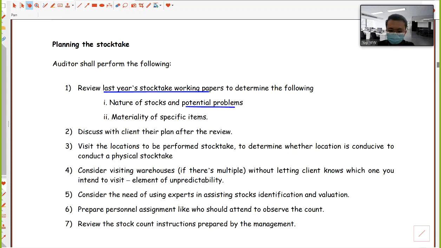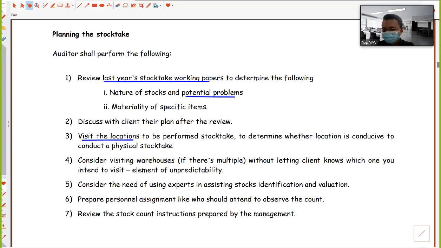Discuss the plan with the client, visit the locations, and determine which locations you want to conduct the stock count. Consider visiting the warehouses without letting the client know which one you intend to visit. Element of unpredictability.